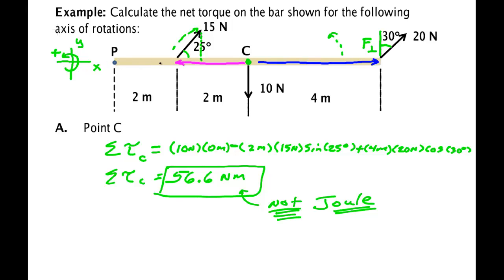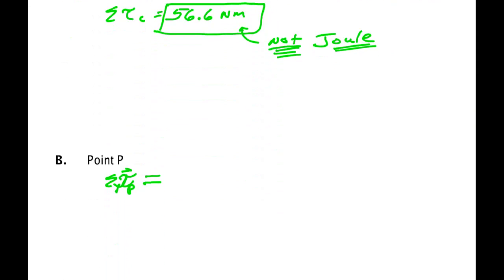The 10 newtons now is 4 meters, and all of it is perpendicular. So it's 10 newtons times 4 meters, and it's causing it to go in the clockwise direction, which is negative. So minus 10 newtons, 4 meters.